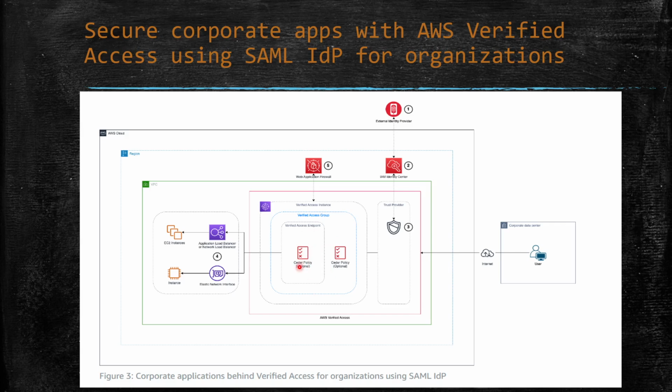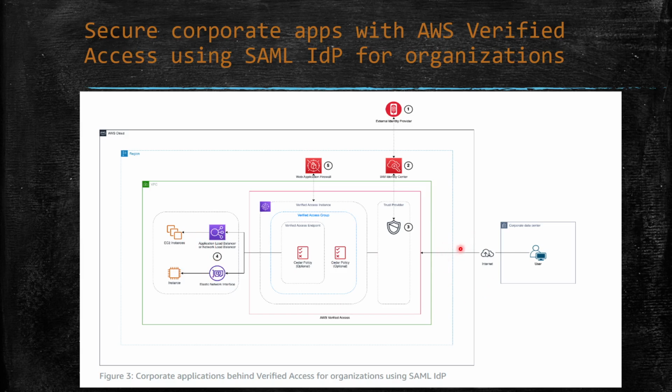If all the policies pass, the traffic is forwarded and the user is able to access the application. But if any of the checks is denied, like if the user is not coming from a defined device or defined email address, they will not be able to go further and access the application.